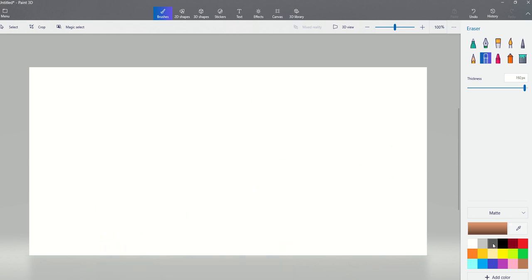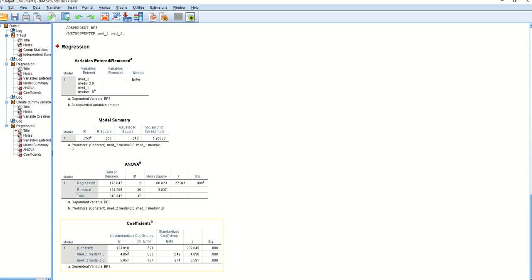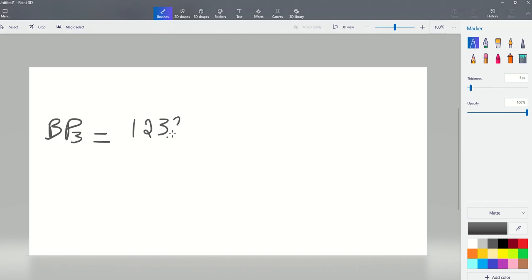I can write the blood pressure 3 is equal to 123.8, this is the intercept, plus 4, which is the slope for med1, plus 5 for med2.